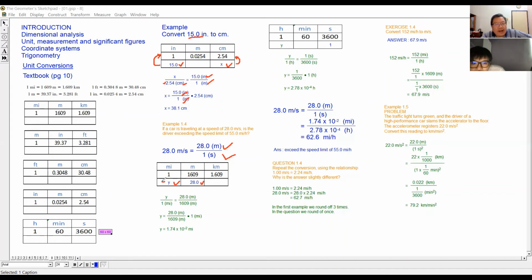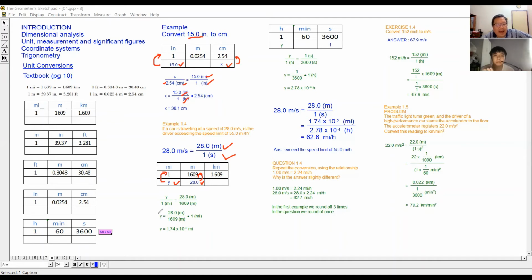So y divided by 1 is 28 divided by 1609. So I form this equation using ratio. Is this okay?